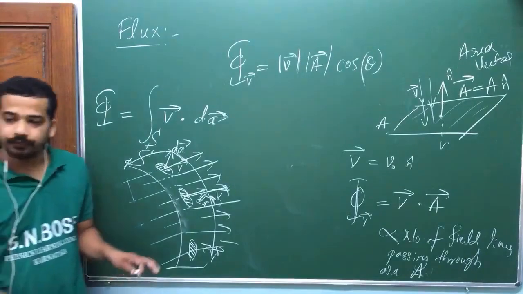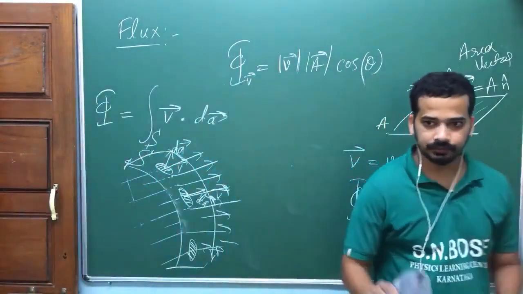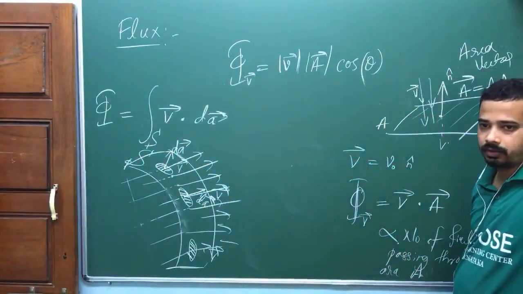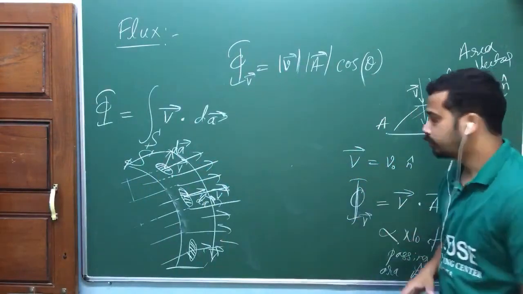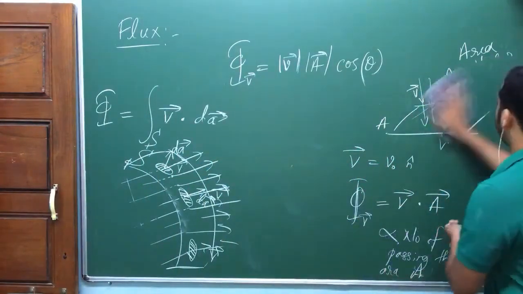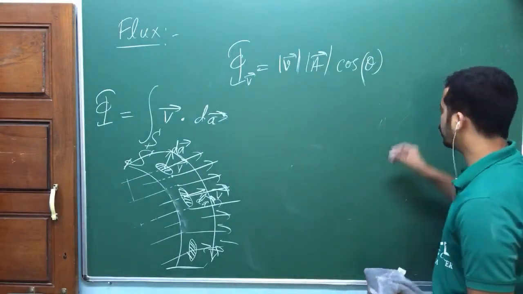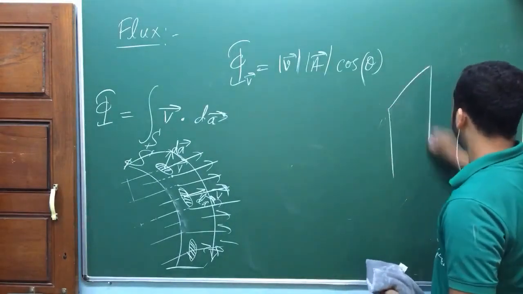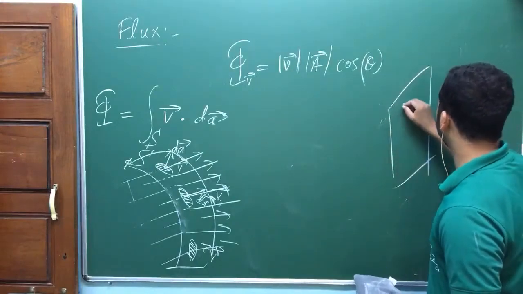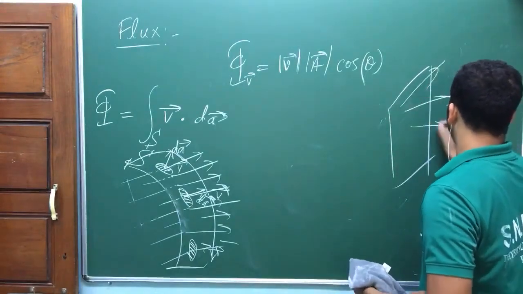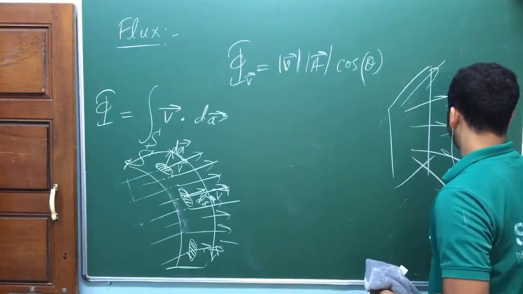If the surface is curved, then we can do it like this. So we have one more situation. Suppose the surface is planar, but our vector field is not uniform. Is that okay?